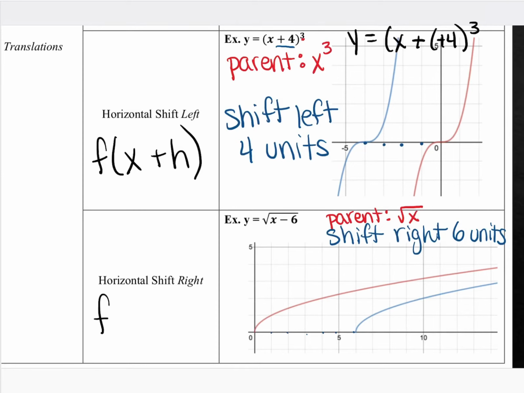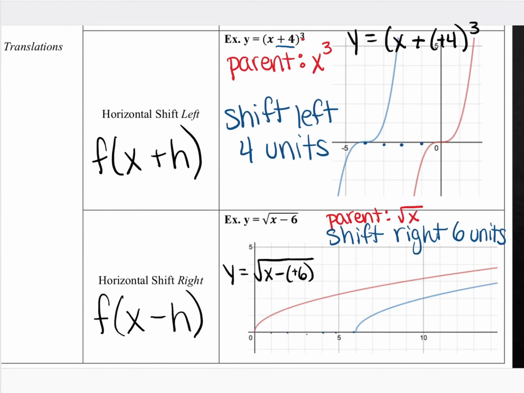So we have f of x, but this time it's minus h. So if we want to go to the right, we are subtracting. Because what we're doing here, this is really y equals the square root of x minus a positive 6. So we're subtracting a positive number.